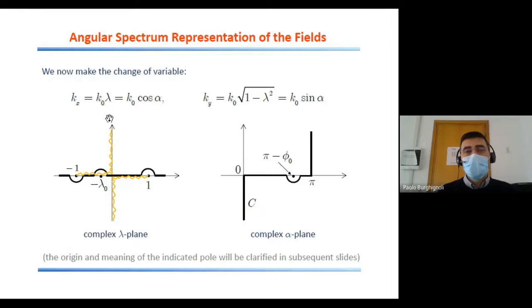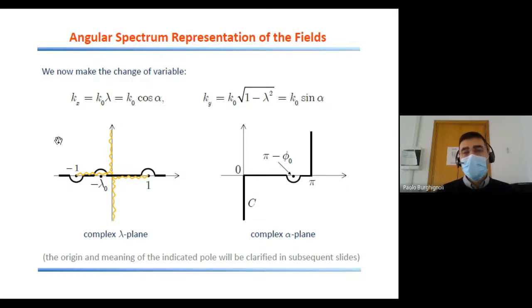In particular, we may introduce lambda, which is a normalized form of kx, equal to kx divided by k0. Then we introduce the variable alpha, so that lambda can be written as the sine of alpha.